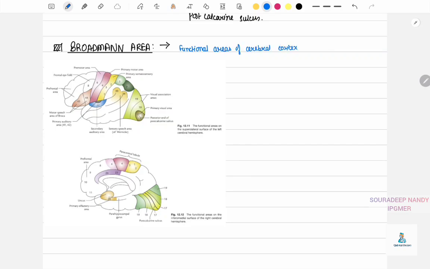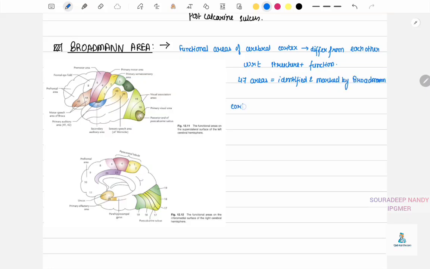It has been seen that these areas differ from each other in structure as well as function. In total 47 areas were identified and marked by Brodmann. That's why these areas are known as Brodmann areas.